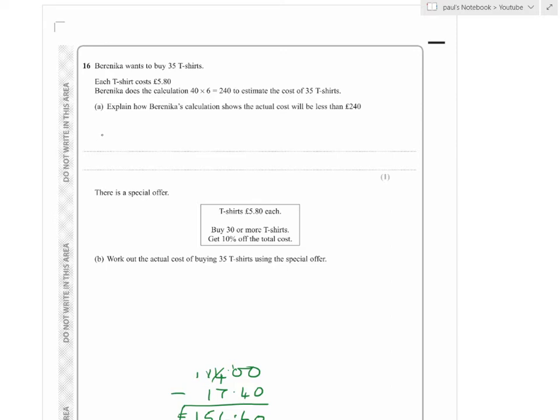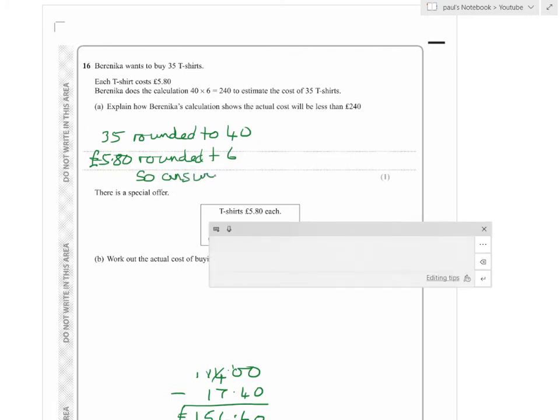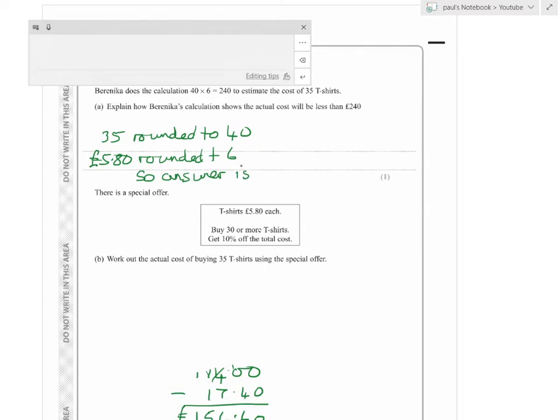So 35 rounded to 40 and £5.80 rounded to 6. So the answer is less than 240.